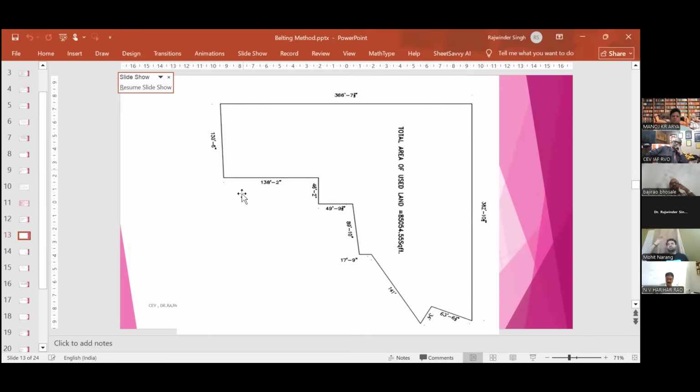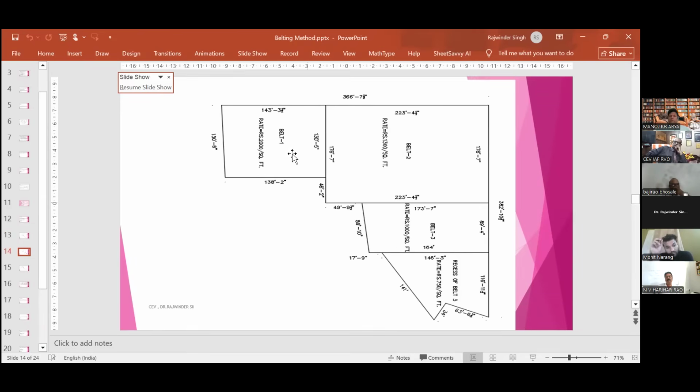So many times you may get this type of lands also. On the front, you are having 130 feet. Then you have this type, especially in the case of industrial structures. Then you have to do belting in the vertical part also. Not only in the horizontal, you can apply it in the vertical part also. We divide it into 1, 2, 3, 4 belts.